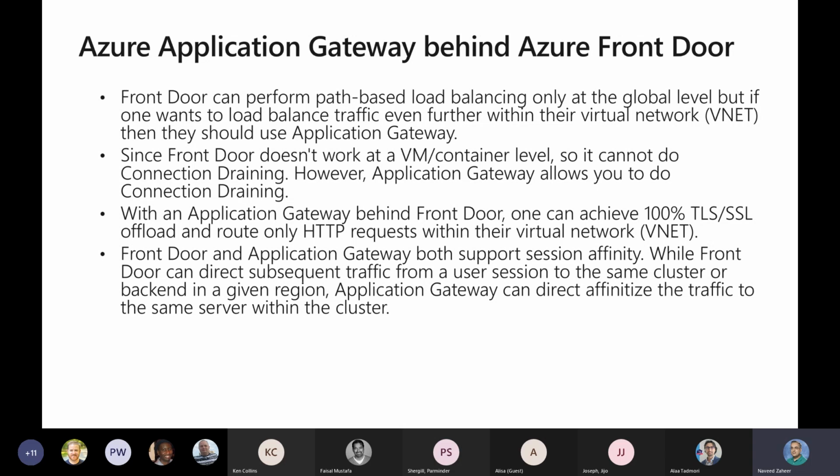Because you may have some services that are living inside a VNet. As I said, you may have an AKS cluster and you may be using App Gateway as an ingress controller. But you want to make this application region redundant, so that if one region goes down, the application is still running. So you may have multi-region deployments.